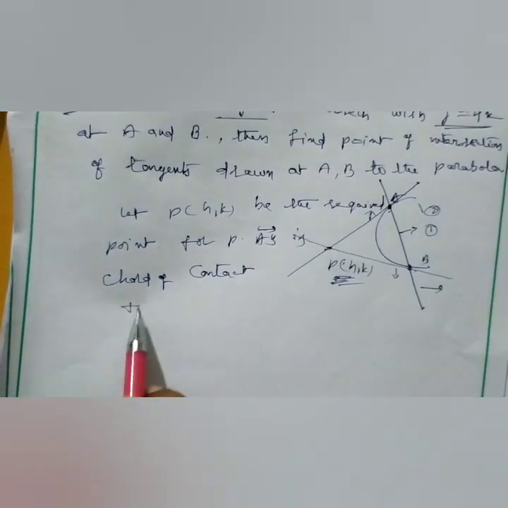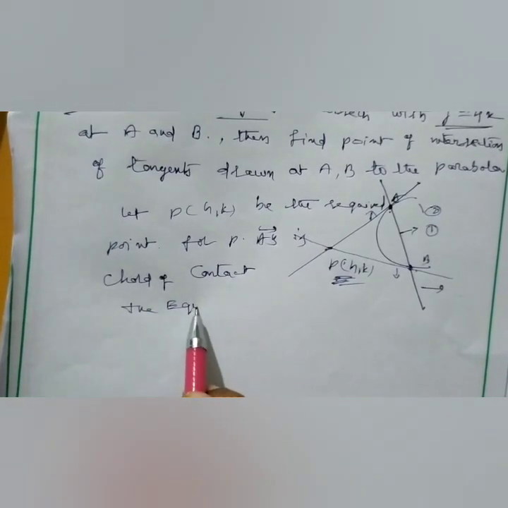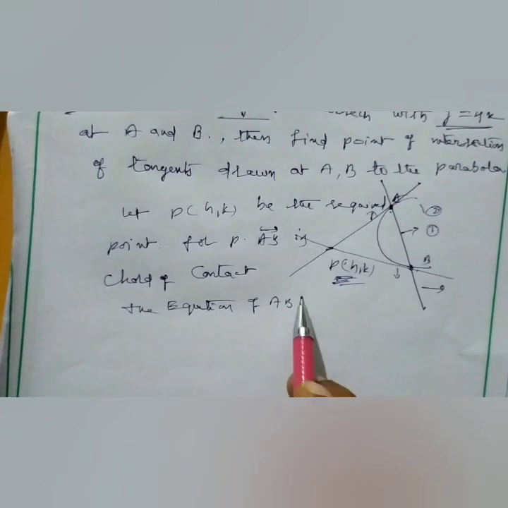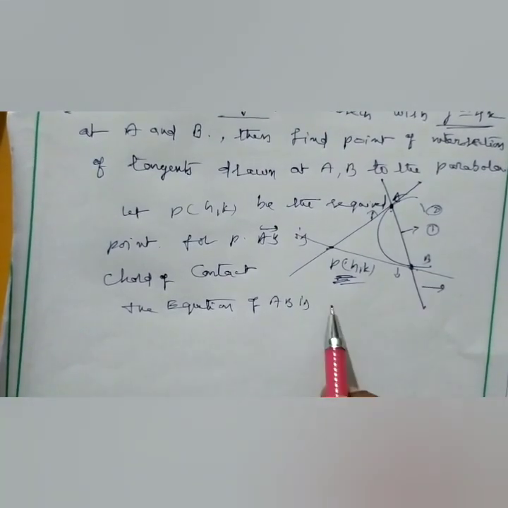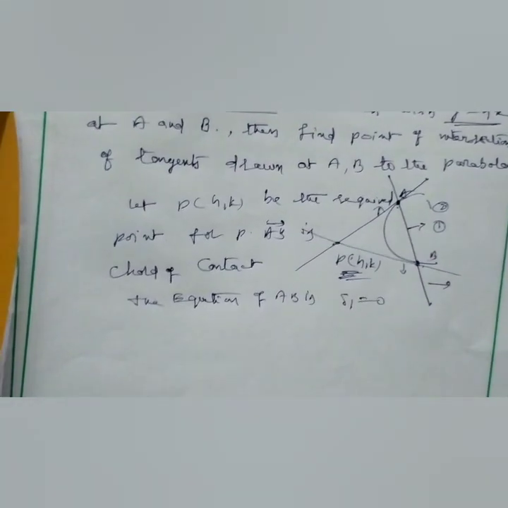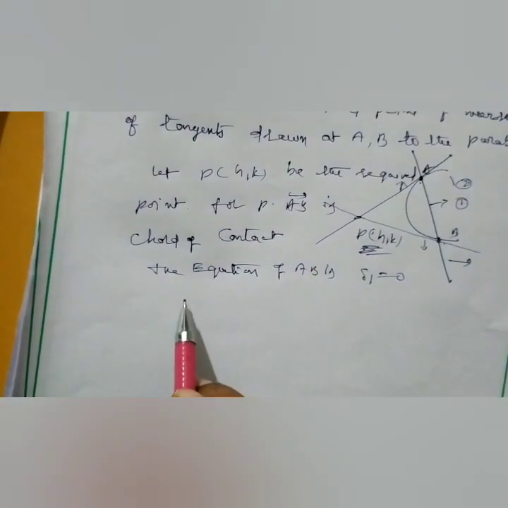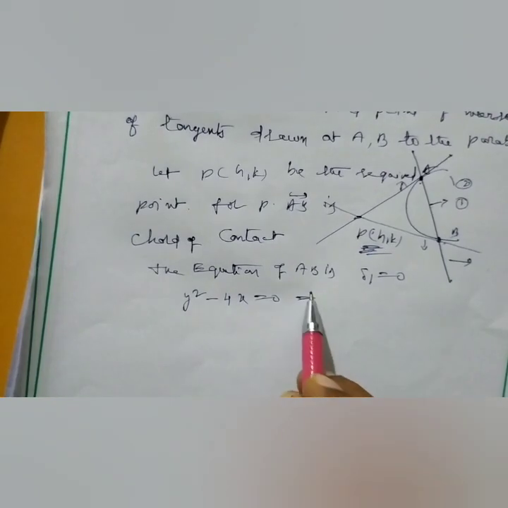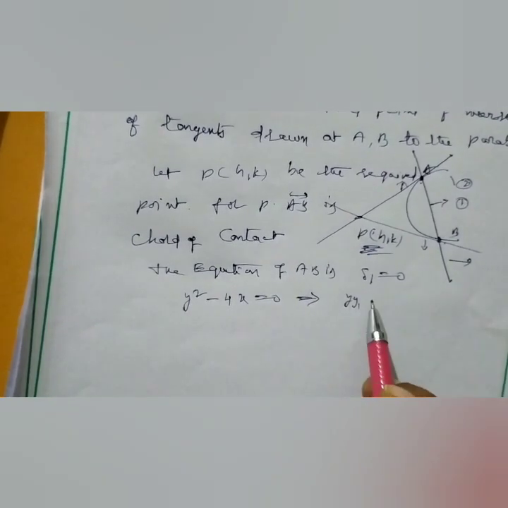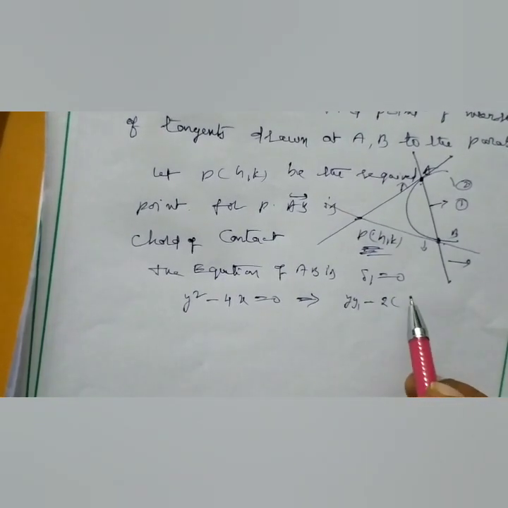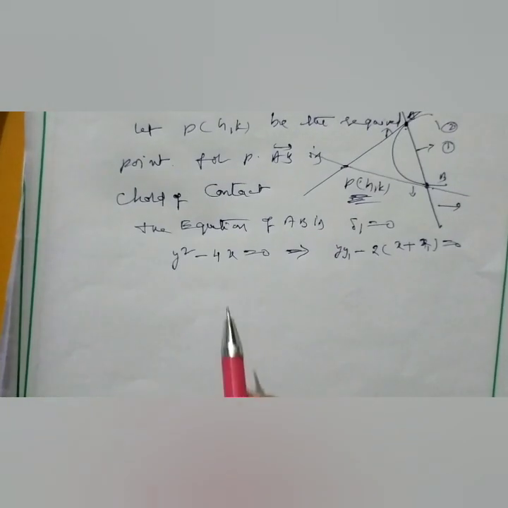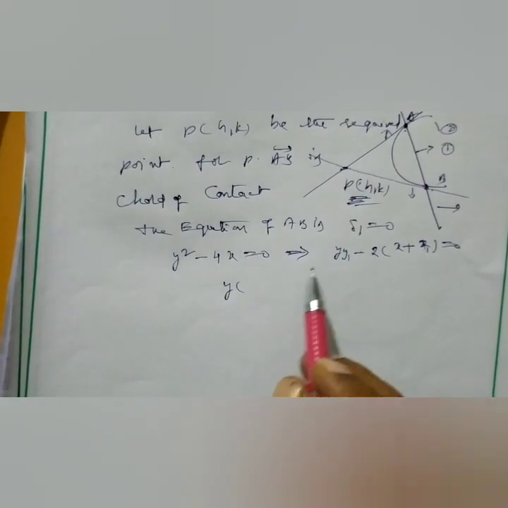The equation of AB is S1 is equal to 0. What is S1 with respect to the conic? The conic is y square minus 4x is equal to 0. Which implies y y1 minus 2 times (x plus x1) is equal to 0.